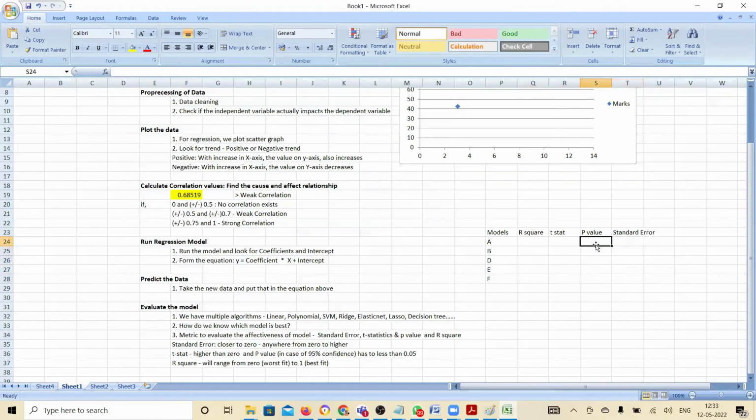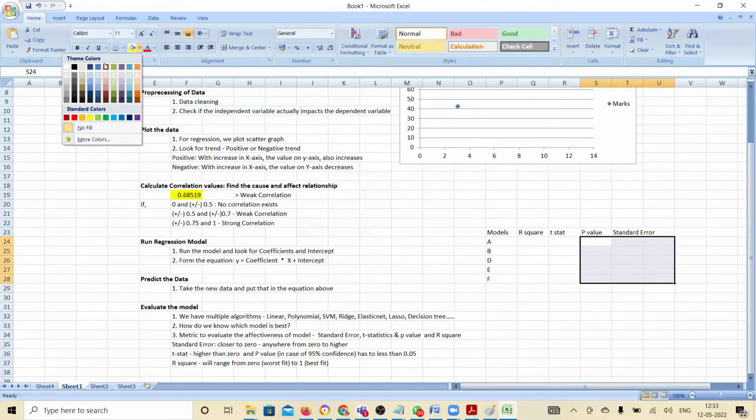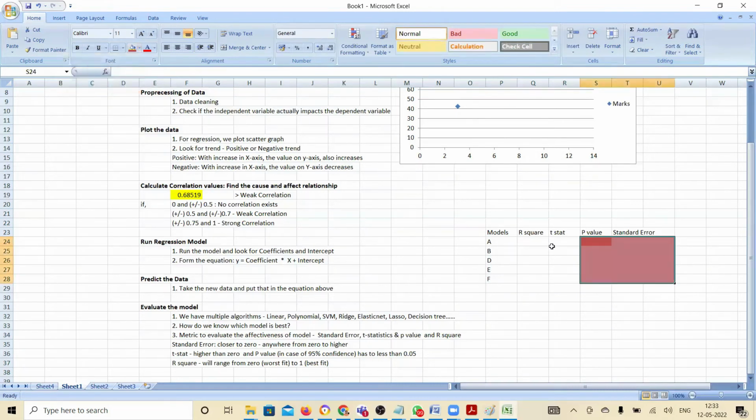P-value should be 0. So these two values have to be closer to zero, and these values should be higher.